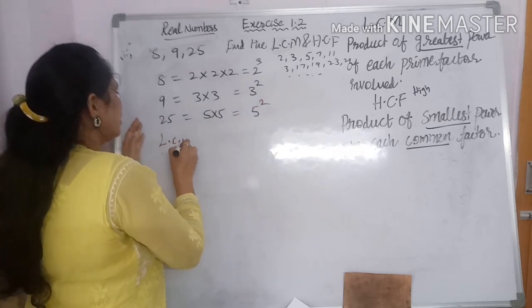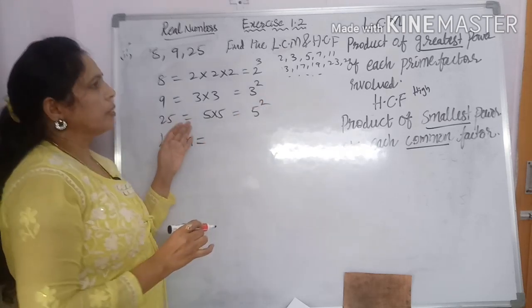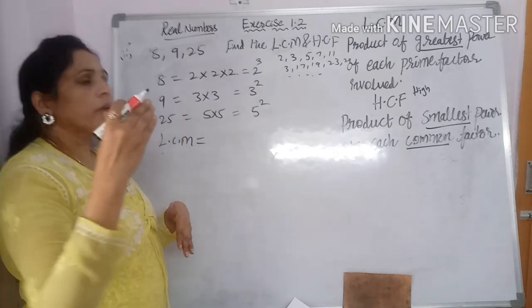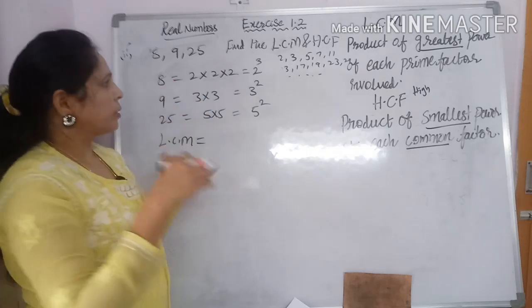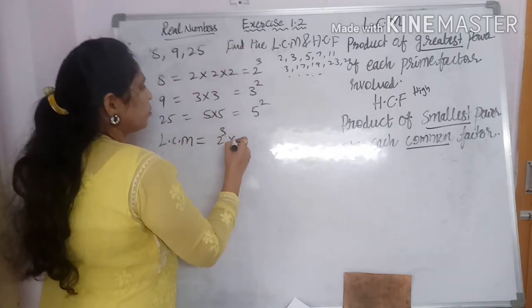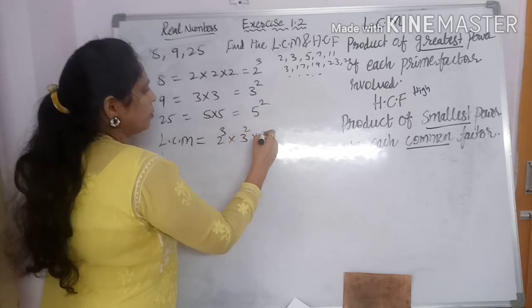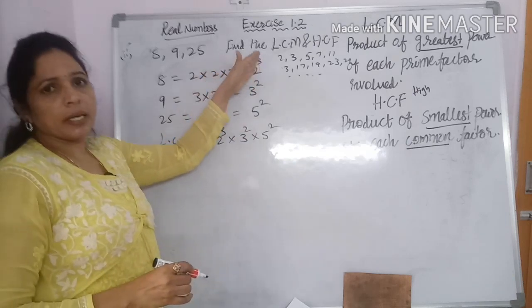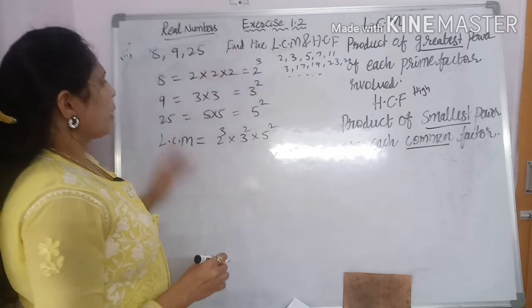For the LCM, the condition is that we take the greatest power of all prime factors: 2 cube, 3 square, into 5 square.